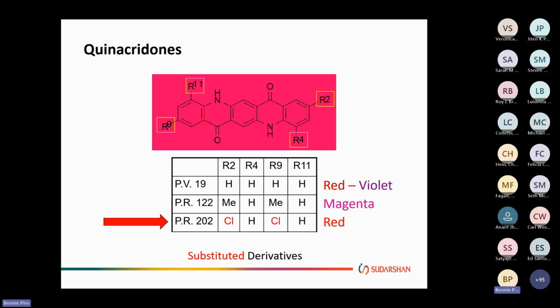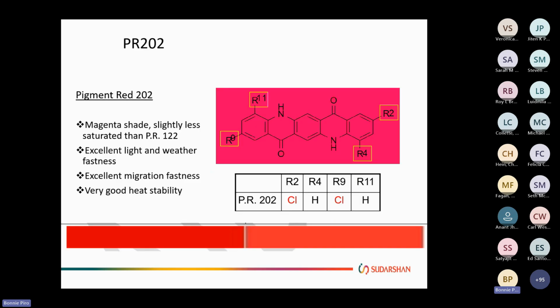So continuing down, staying in that R2, R9 positioning, top right, bottom left, substituting now with chlorine gives us the Pigment Red 202, that very, very lovely red color. In this particular case, it gives us a more red shade than the one that came before with the Pigment Red 122, which was a magenta.